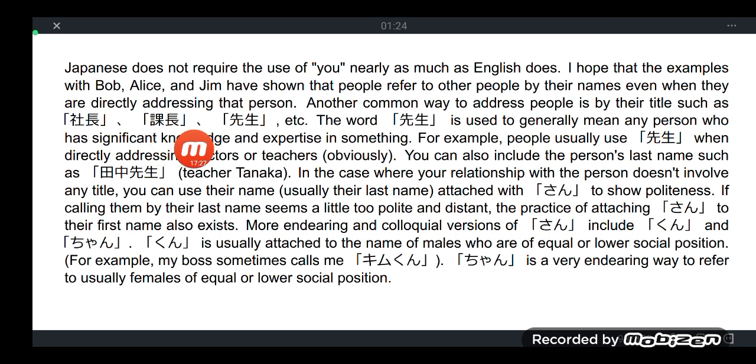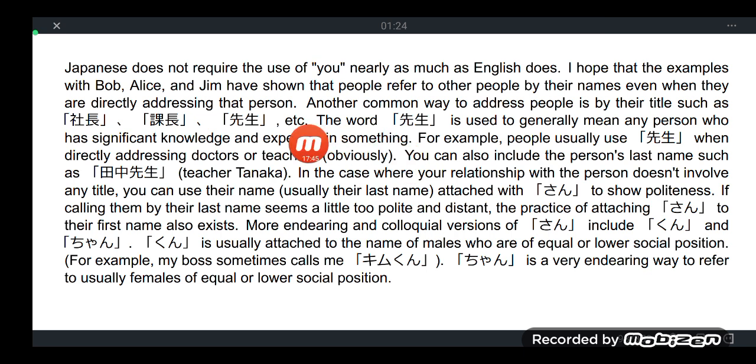Or say, kacho, section manager, ohayo gozaimasu. Or thank you, sensei. Arigato, sensei. Or you may say, kyo, sensei ga inai no desu ka? Or today, it seems sensei is absent.